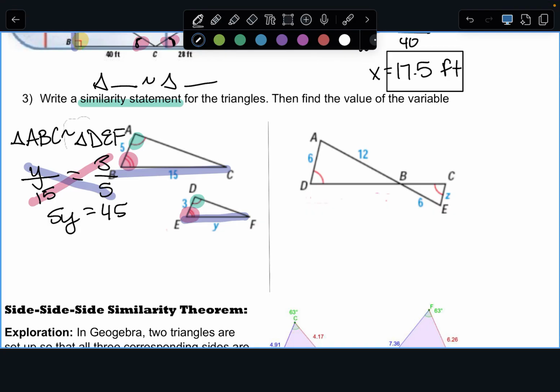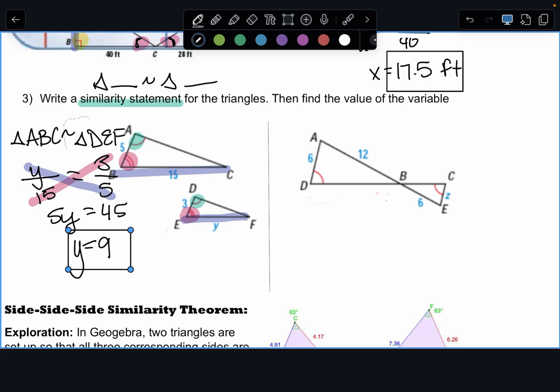Last step, divide by 5. We get y is equal to 9. Questions on that one? We determined that the triangles were similar by AA. We set up our ratios and we used the butterfly method to solve.